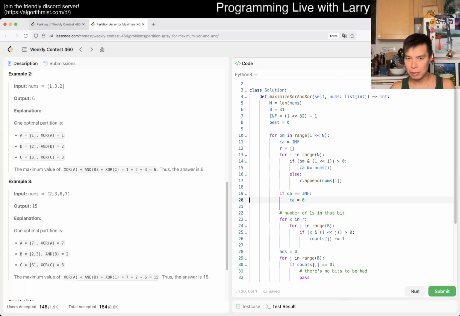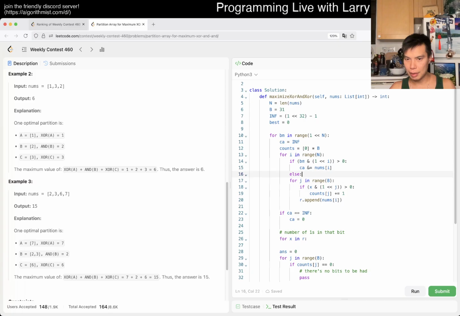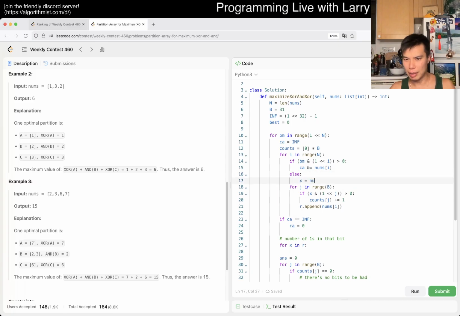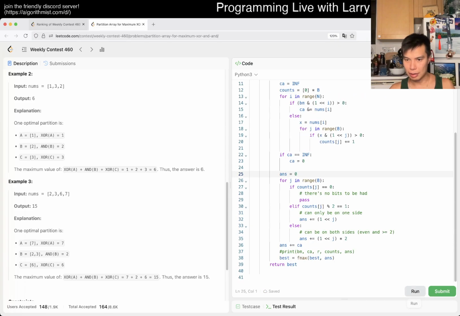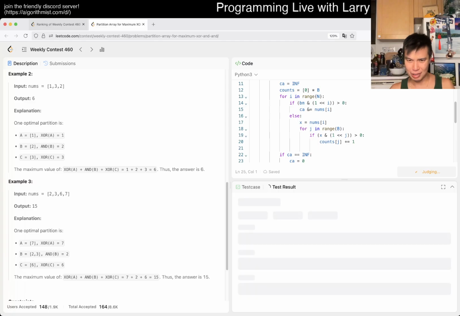We can put this here instead, and then now instead of this, we can say x is equal to num sub I. And then that thing is just linear, so it was 8 point something seconds.